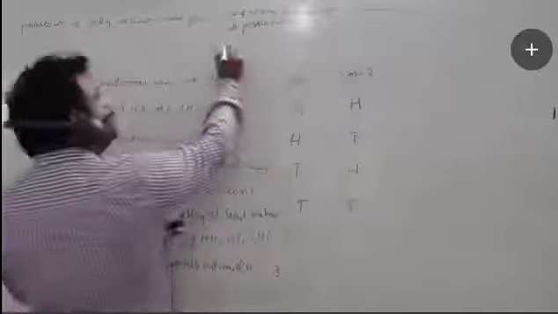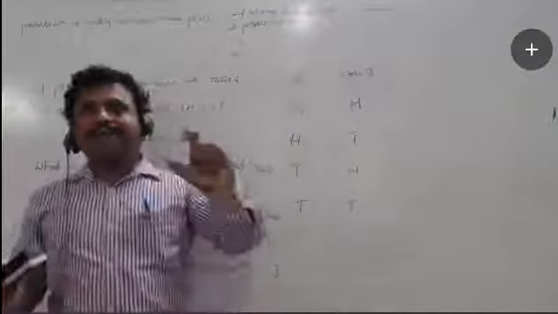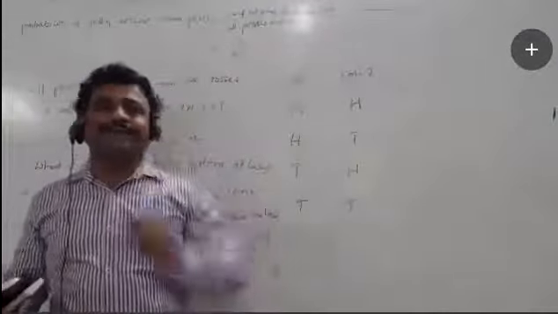How many favorable outcomes are here? Yes, 3. All possible outcomes are 4. So the probability of getting at least one head is 3 by 4.